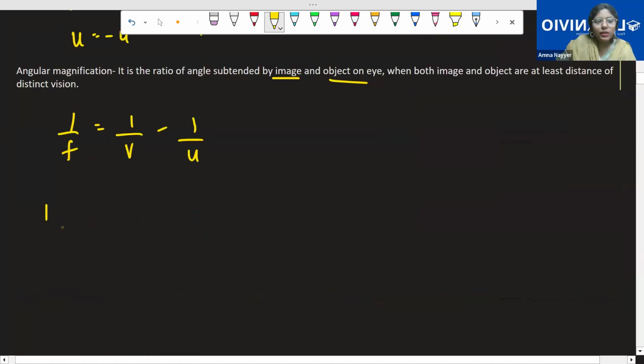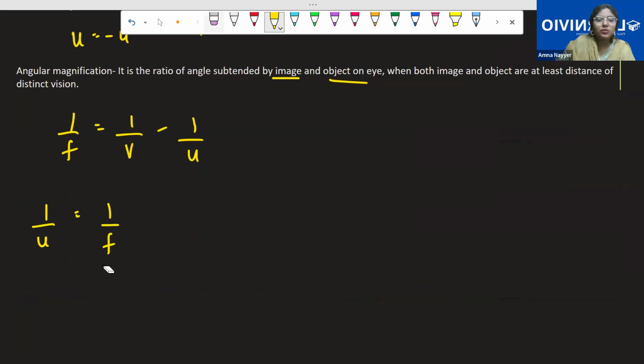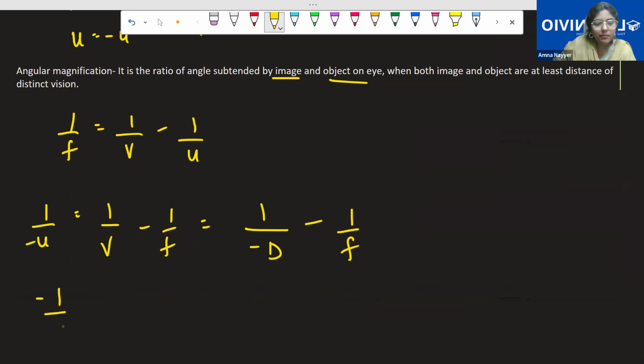So 1 by u will be equal to 1 by v minus 1 by f. This is equal to 1 by minus d minus 1 by f, right? And object distance is also minus u. So minus 1 by u is equal to minus 1 by d minus 1 by f.